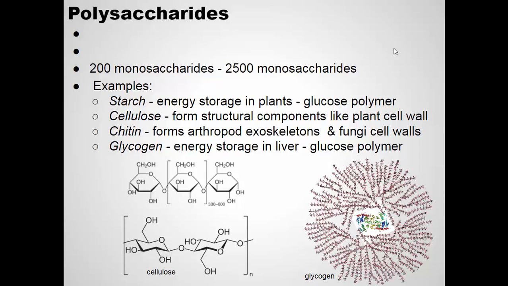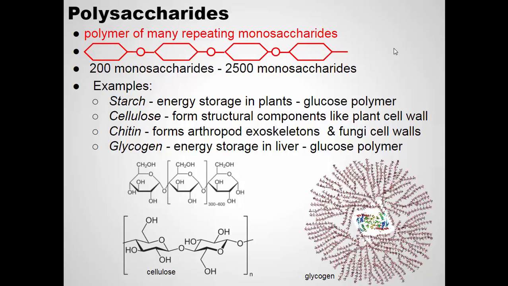And then if we continue to add more monosaccharides together, we form polysaccharides. These can be many hundreds or even thousands of monosaccharides bonded together. These are large molecules typically.